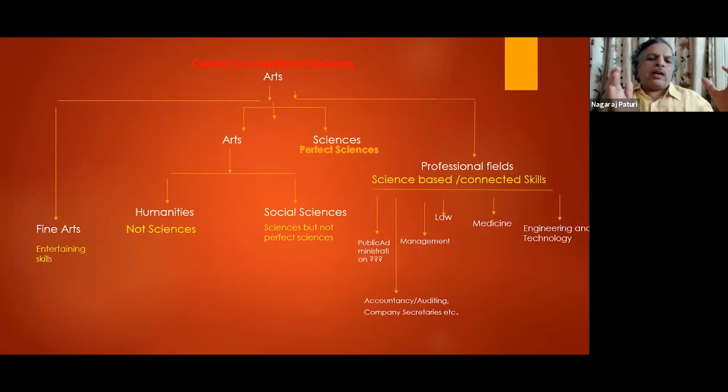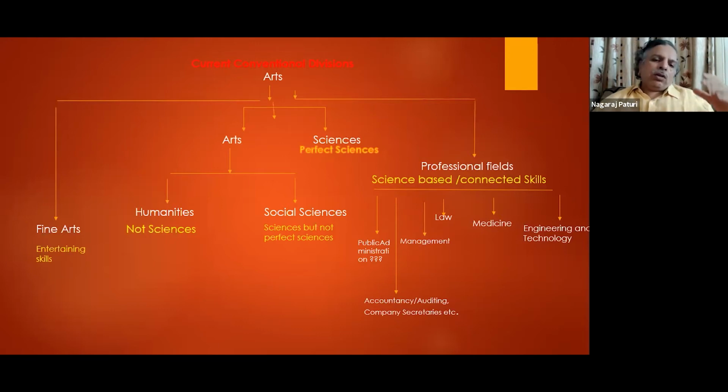Within that, you don't have physics, chemistry, botany, zoology kind of courses. Now there is a very clear bifurcation between arts and sciences, where by classifying certain academic disciplines under arts, the university system is telling you that they are not sciences. Basically, by classifying them under arts, they are telling you that they are not sciences.